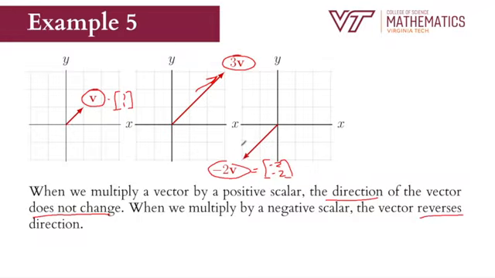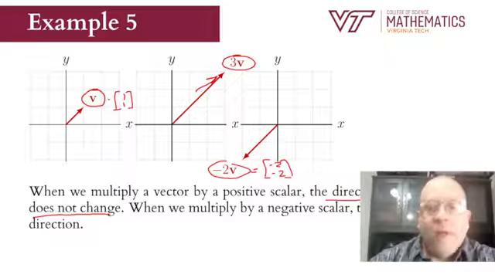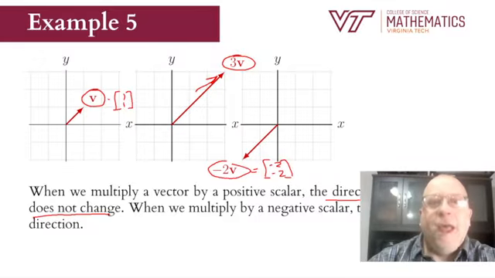It's now pointing in the opposite direction. So scaling a vector can cause a direction to change, but only by exactly 180 degrees. It will flip exactly to the opposite direction. That's the only direction change that can happen by multiplying by a scalar. All right.